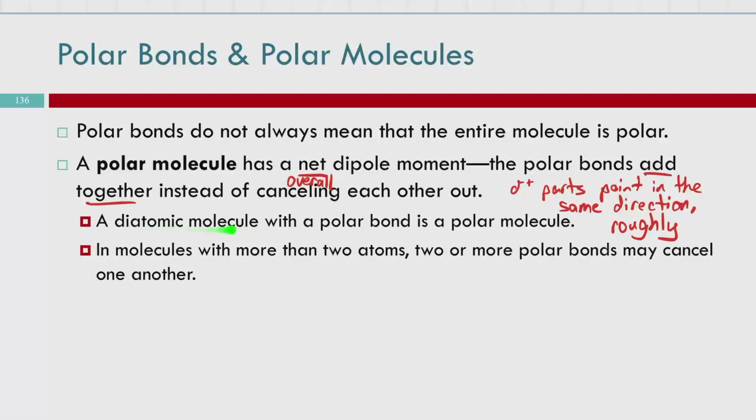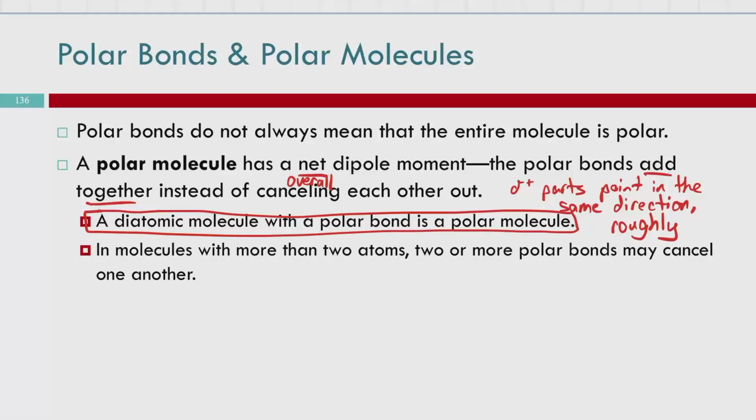If we have a diatomic molecule, meaning we've just got two atoms in it, like HCl or N2, if it has a polar bond, it is a polar molecule because there's no opportunity for that pull to be canceled out by something else. So that's a good rule. In molecules with more than two atoms, two or more polar bonds may cancel one another.